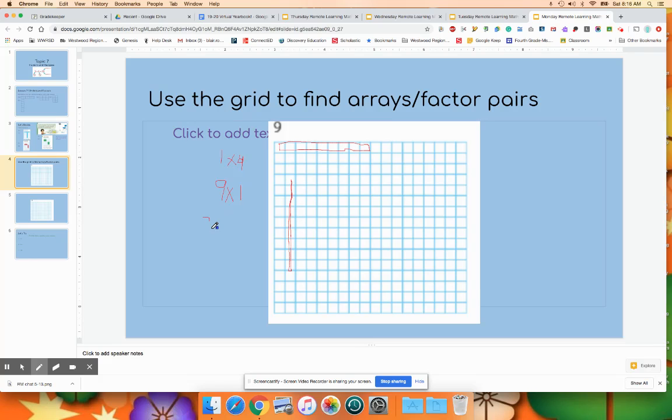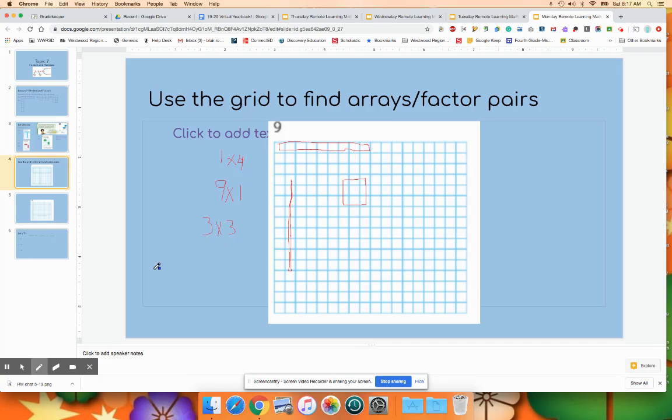I also know 3 times 3 gives me 9. So I could do 3 rows, 3 columns. And this actually makes a square array, right? If I flip this around, it's still going to be 3 times 3. So I'm not going to do it twice, okay? So let's try another one.